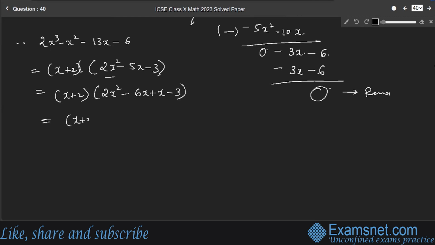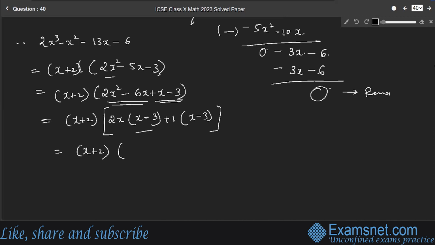For the first two terms, 2x is common, giving x minus 3. For the last two terms, plus 1 is common, and x minus 3 is the remaining term. Therefore, x minus 3 is common, into 2x plus 1.